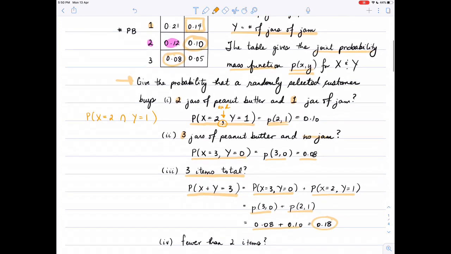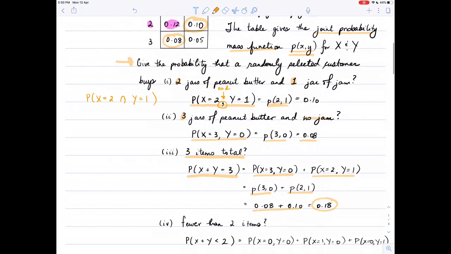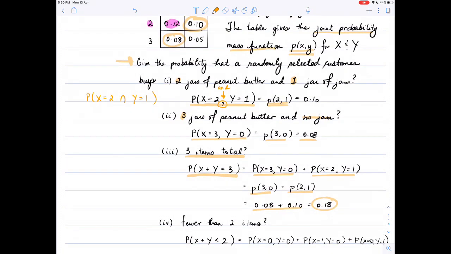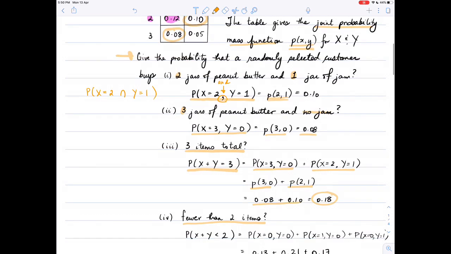Another kind of more involved question: what's the probability that a customer buys fewer than 2 items? So there could be an inequality in our probability expression. What's the probability that x plus y is less than 2?